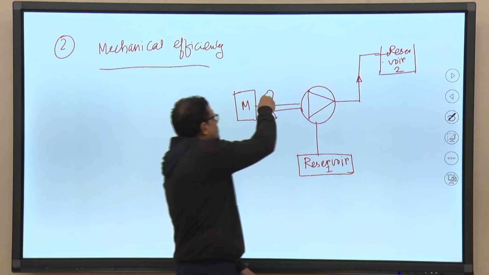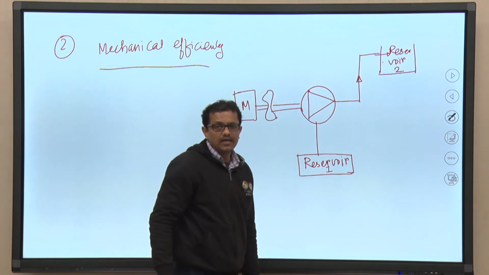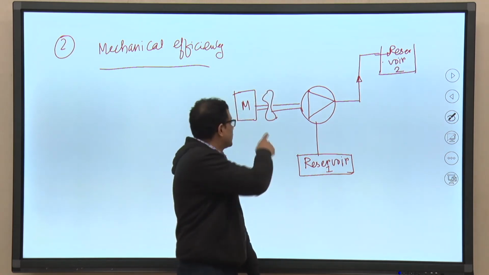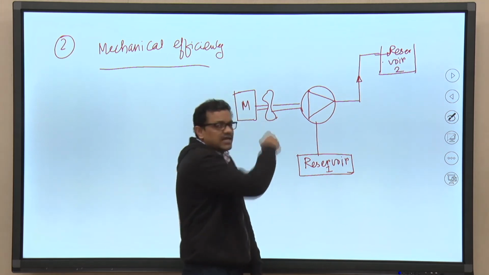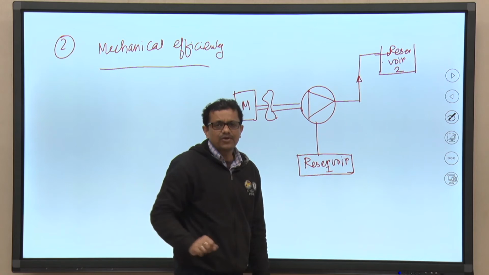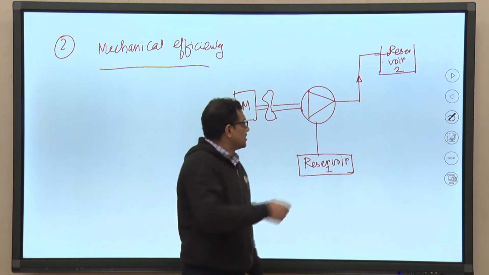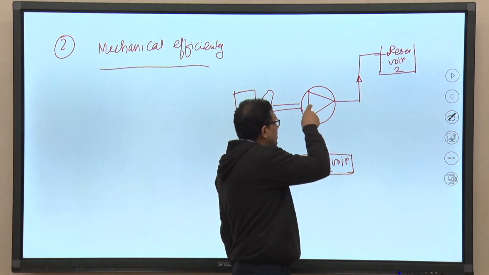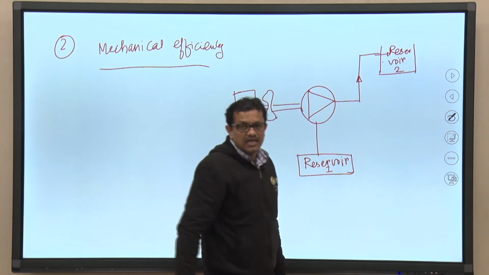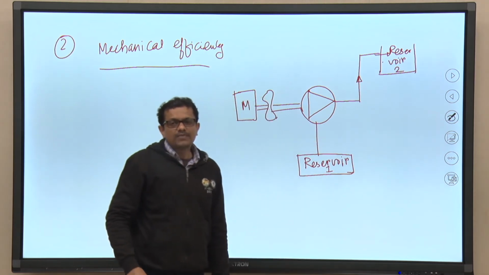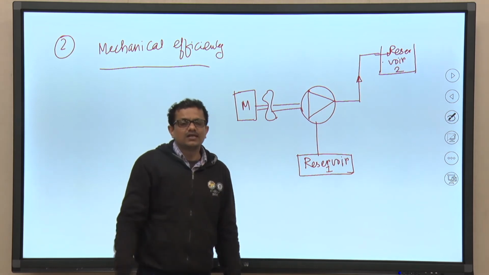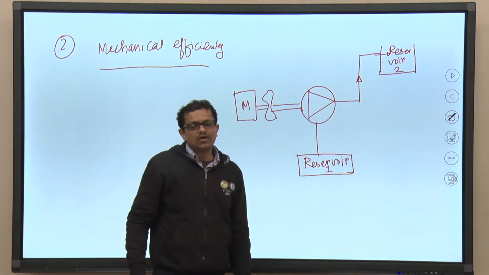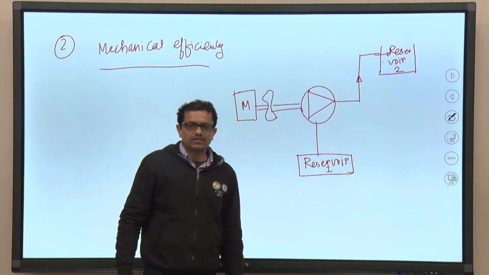If we forget about losses due to this coupling, obviously this output energy of the electric motor is not equal to the input energy to the pump because of the bearing and other shaft losses. But even if we consider the energy which is given to the shaft of the pump, that energy is not getting converted into an equal amount of energy of the fluid.